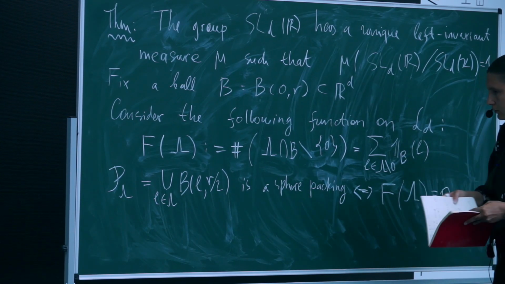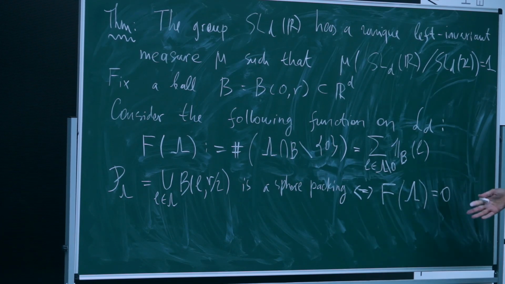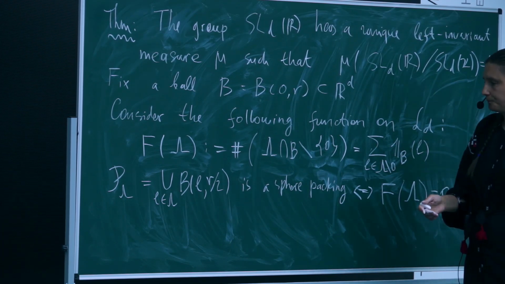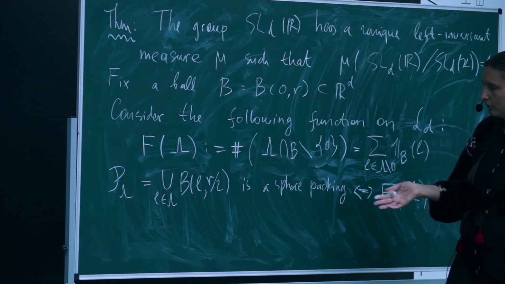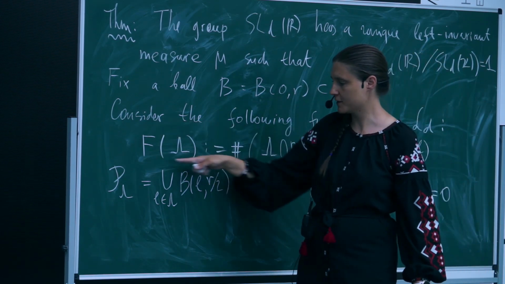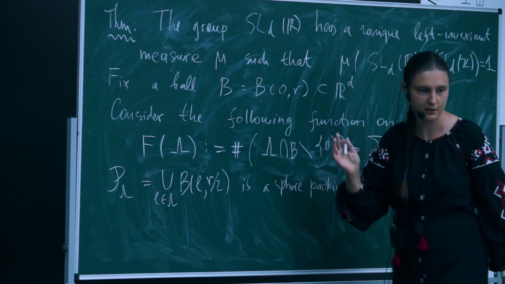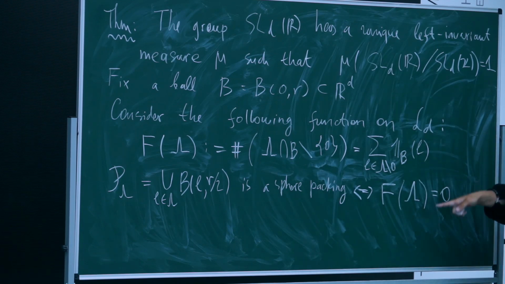Now what we would like to do is compute the expectation of this function on our probability space, and then prove that there exists a lattice such that the value of the function at this lattice is 0.